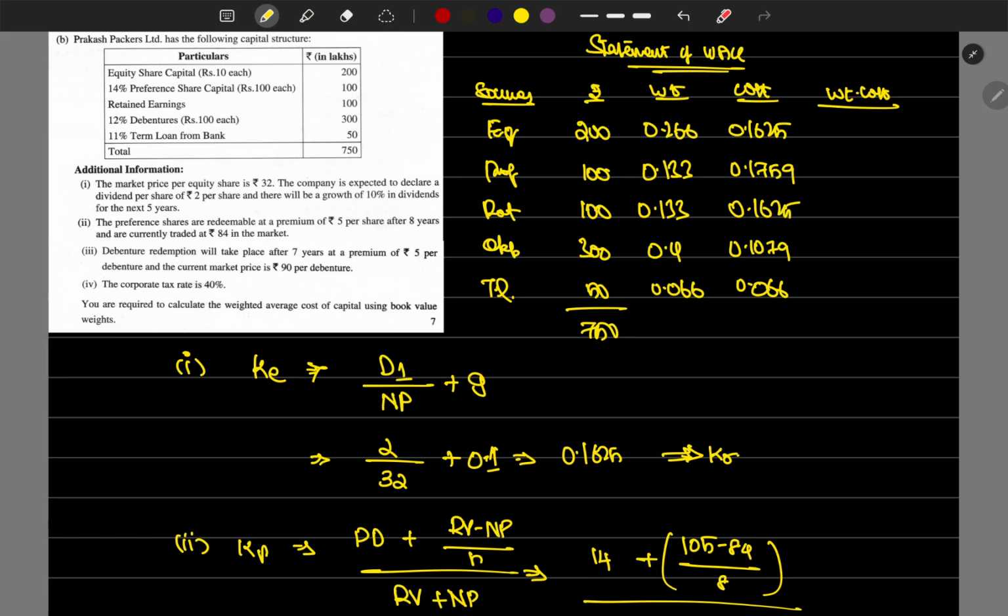Multiply all these to get the weighted costs, and then total them to get the WACC: 0.04322 plus 0.02339 plus 0.02161 plus 0.0432 plus 0.004356, which is 0.315781.